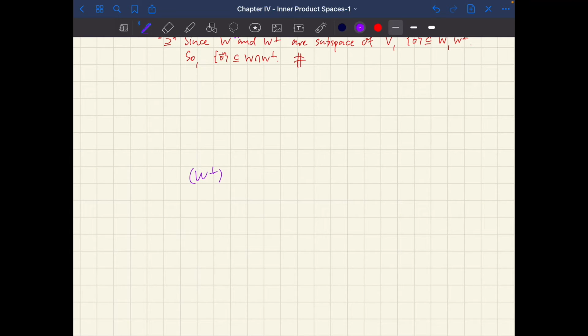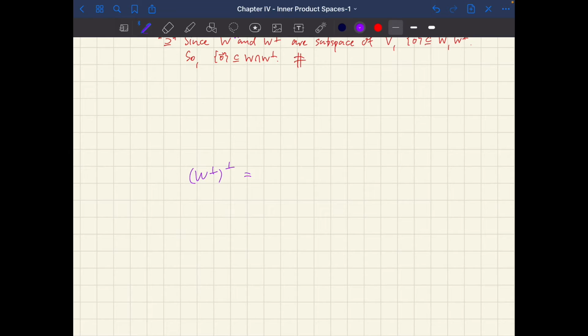It means W perp perp. What is the orthogonal complement of W perp equal to?